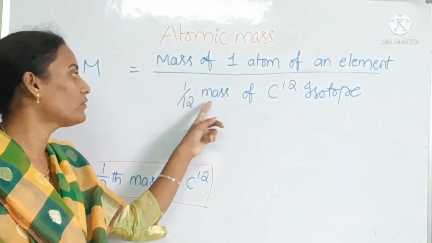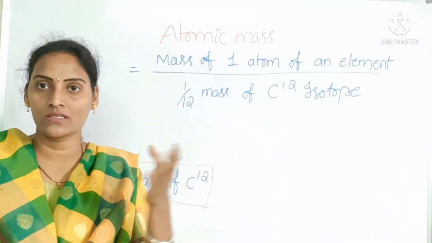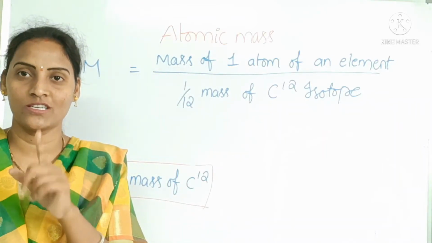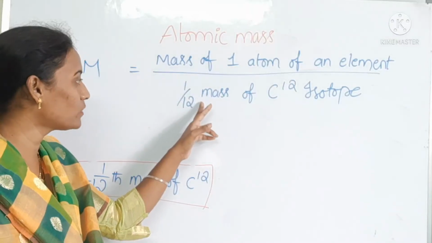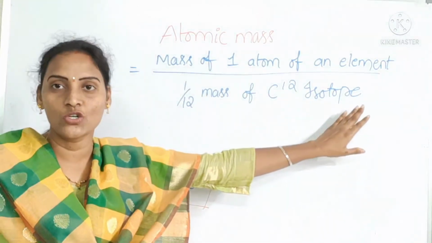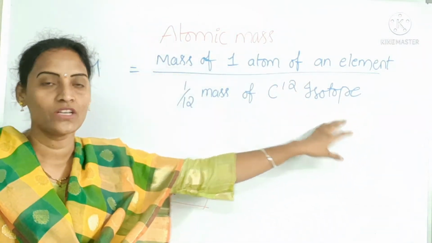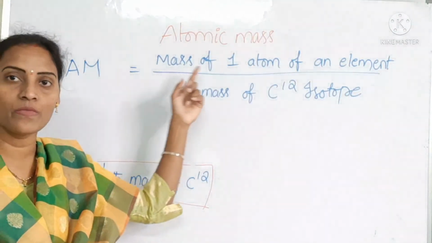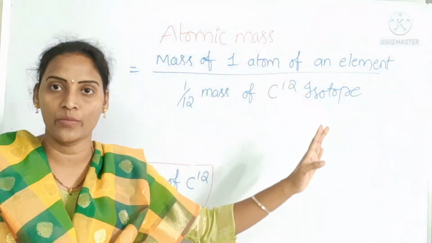This 1/12 mass of the C12 isotope is equal to 1, students. 1 AMU is nothing but 1, that is, 1/12 mass of the C12 isotope is equal to 1 only. So the relative atomic mass of an element is equal to the mass of an atom of an element.